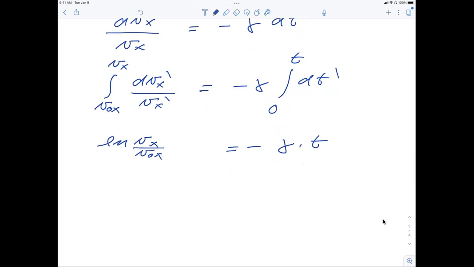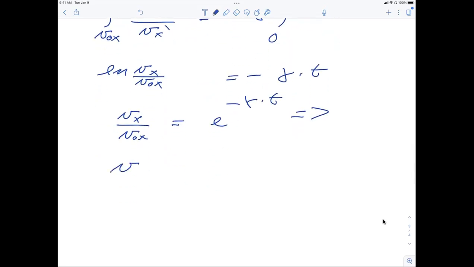That means I get v of x divided by v0 of x is equal to e to the minus gamma times t. So my v of x as a function of time is simply v0 of x multiplied with e to the minus gamma t. So there is an exponential decay of the velocity. At a certain point, it comes to rest, as we would expect. We start with an initial velocity in the x direction, and then this object comes to rest.